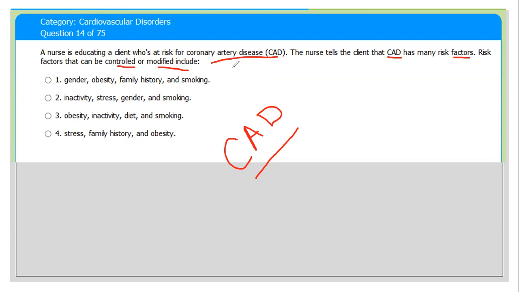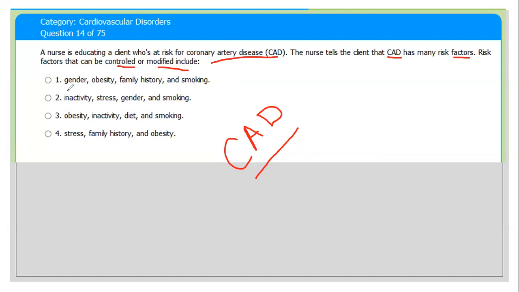So we are talking about the factors that cause CAD, which factors you can change, and which risk factors you cannot change, right? We call them modifiable and non-modifiable factors. First of all, here we have gender.